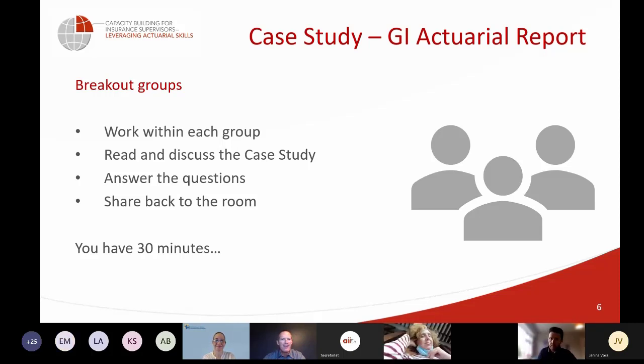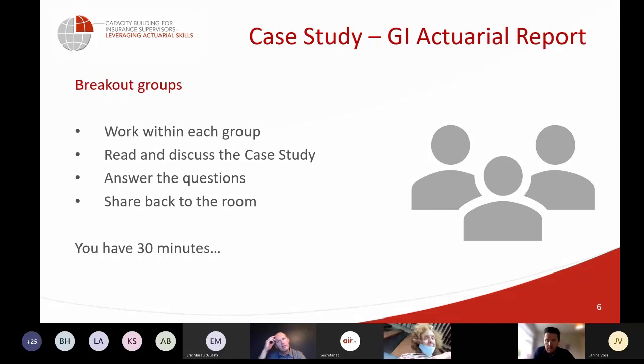We're going to look at the general insurance case study. You should have all had time to read it now in the modules, and hopefully you have a printed copy. Each group is going to work on a different question for 25 minutes, as we're a few minutes behind, and then we'll come back and share our responses.